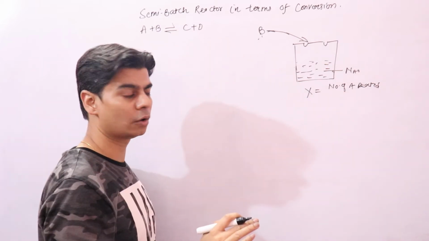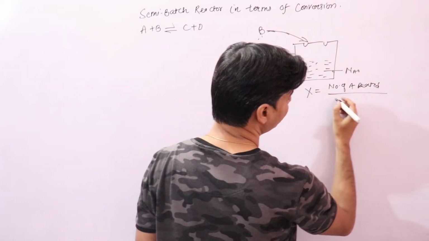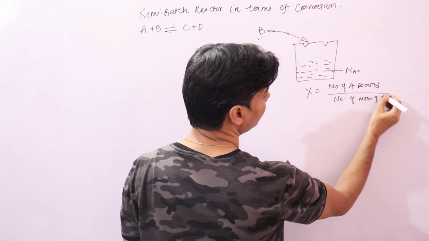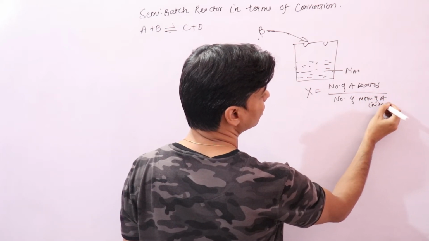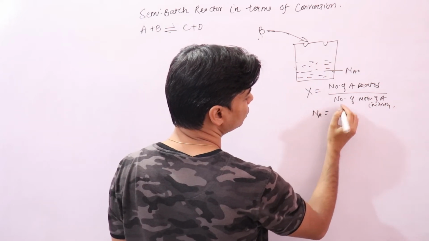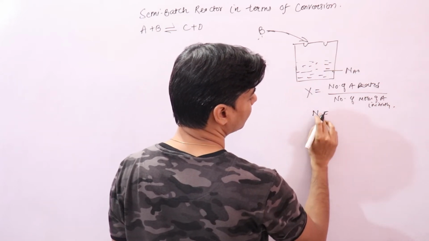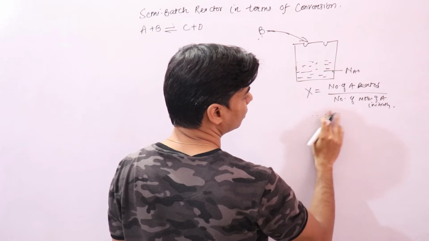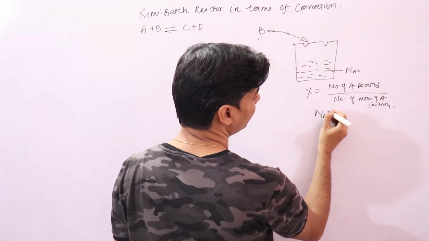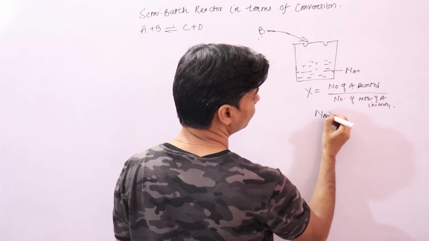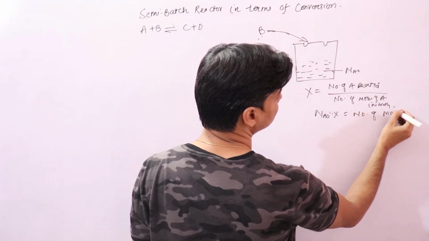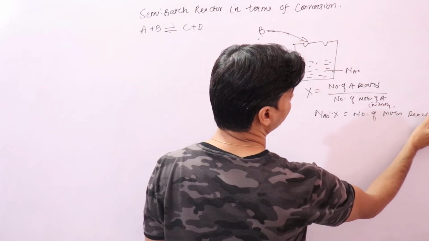Conversion is the ratio of number of moles of A reacted divided by number of moles of A initially taken, right? So the number of moles reacted would be Na0 X, right?